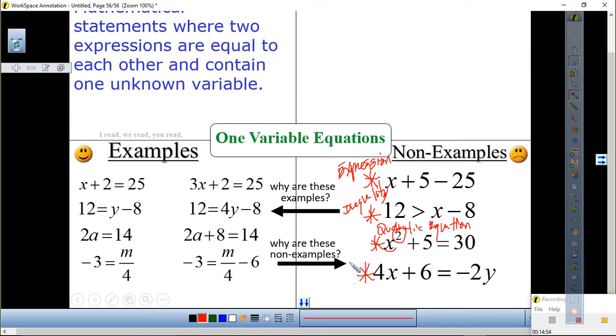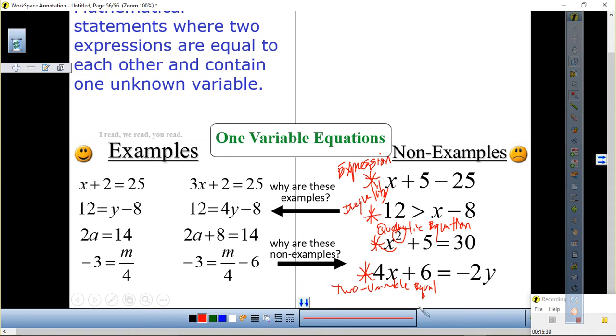Okay. Look at these, and these are called this. So what is the name of this one? That is correct. This is a two-variable equation, and we are going to be looking at those. We are going to be looking at systems of two-variable equations, and we're going to be going into some Algebra 2 with systems of three-variable equations.